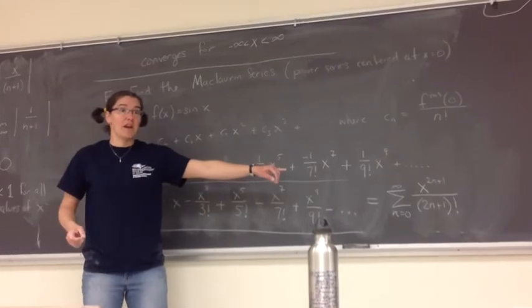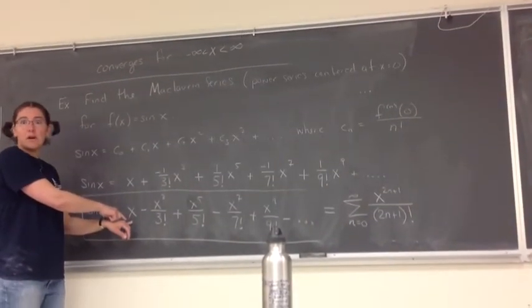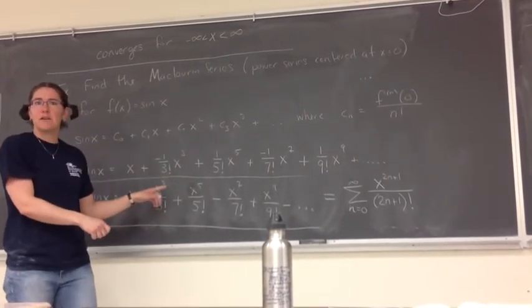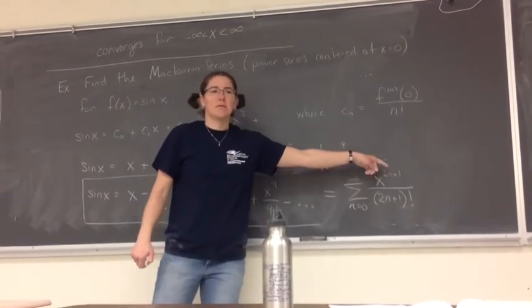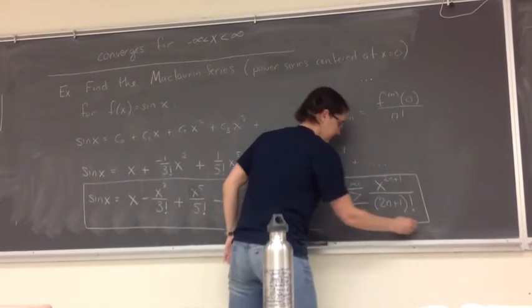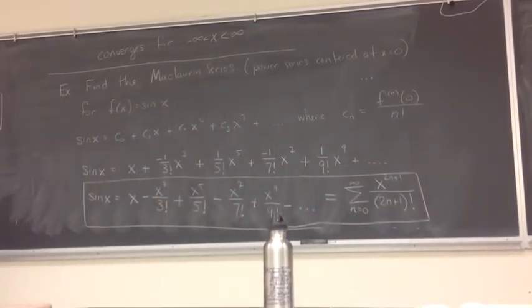You can double check that when n equals 0, you get a power of 1. When n is equal to 1, you get your power of 3. So by looking at the powers as 2n plus 1, that helps us get just the odd numbered powers. And so this is our series for sine of x.